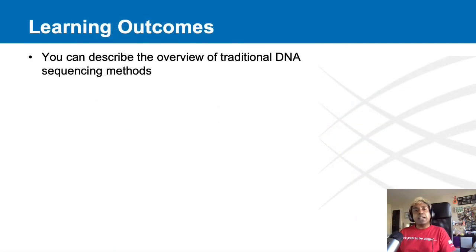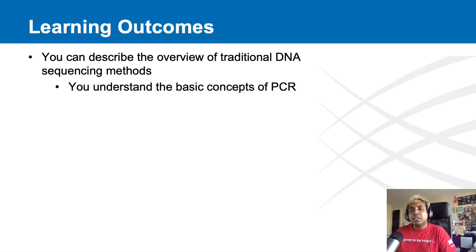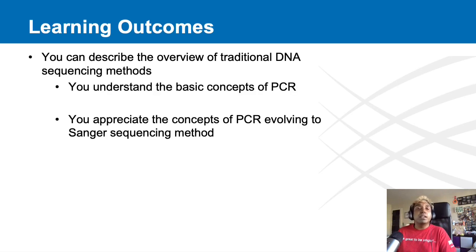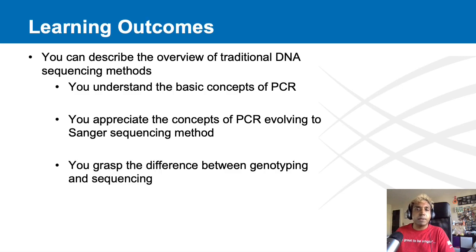So this brings us to the end of the video. By now you should be able to describe the overview of traditional DNA sequencing methods, just the overview, not even the details. You understand the basic concepts of PCR. You appreciate the concept of PCR evolving to Sanger sequencing methods, which then brought us to how genotyping methods work, and finally to the development of next generation sequencing methods.